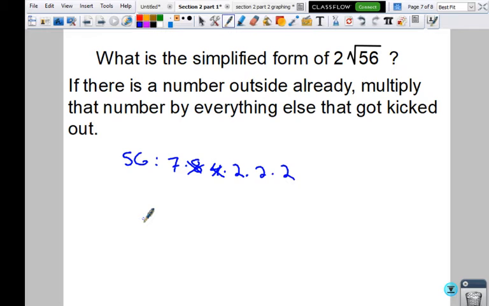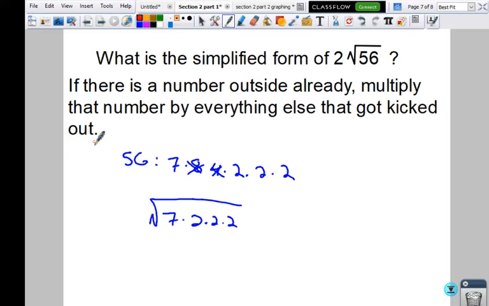There's already a 2 on the outside, so I'm going to simplify 56 like normal. Square root of 7 times 2 times 2 times 2. All I'm doing is simplifying square root of 56 like normal.